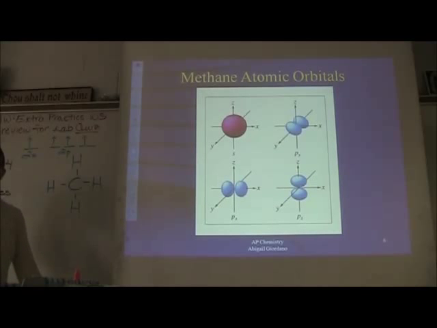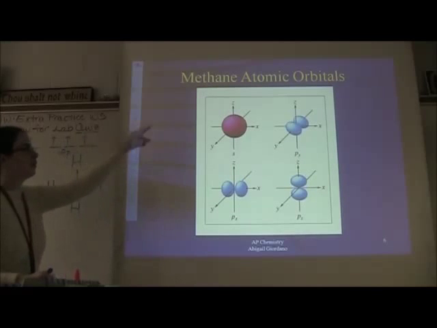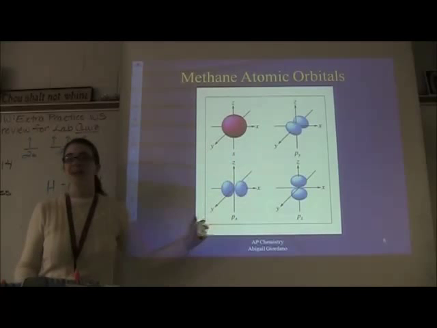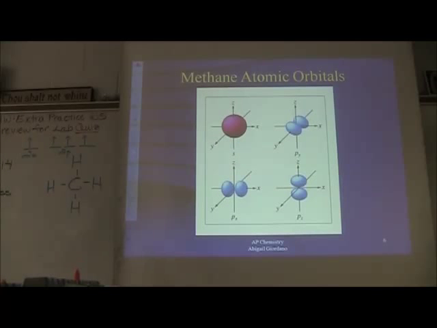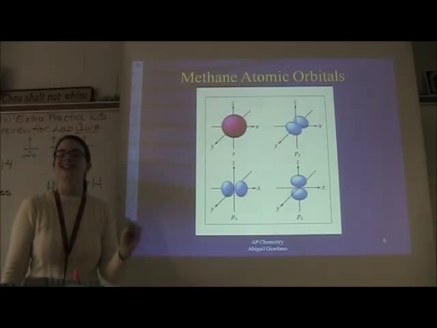Hold on. You just told me correctly, by the way, that these 4 bonds are identical. Identical in length, strength, shape, everything. But this is where these electrons are coming from, and they're not identical, and they have to be. Ladies and gentlemen, this is the essence of hybridization.